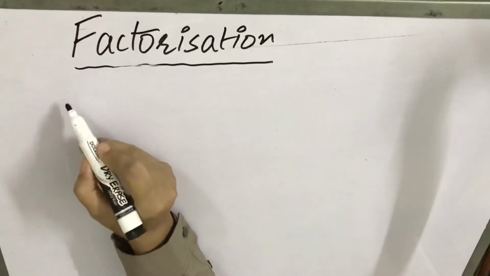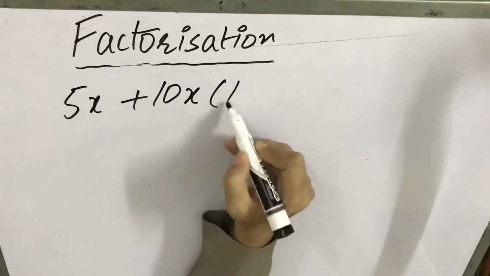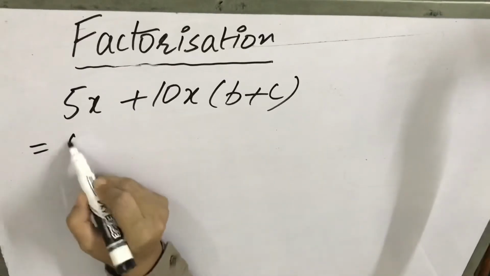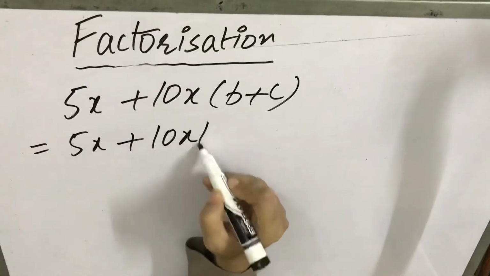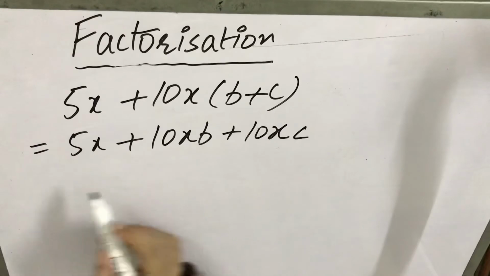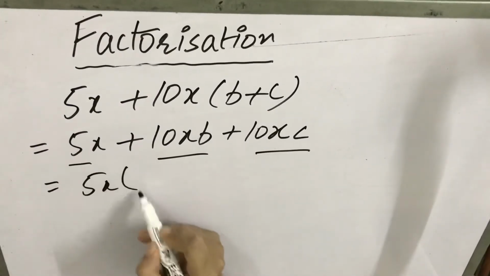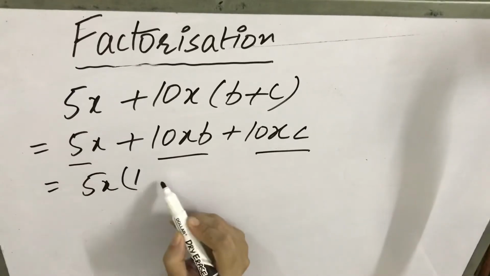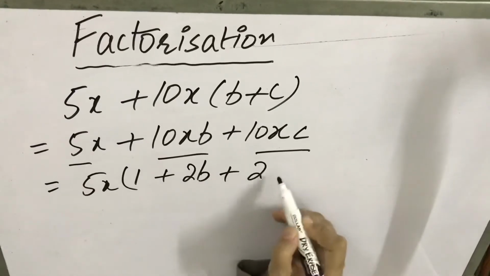The next question, 5x bracket 1 plus 2b plus c. We can have the answer from here, but I will open the bracket, 5x plus 10xb plus 10xc. What is common in these three? 5 with x. What is left here? 5x is outside, so 1 is inside, plus 5 2s are 10b plus 5 2s are 10c.